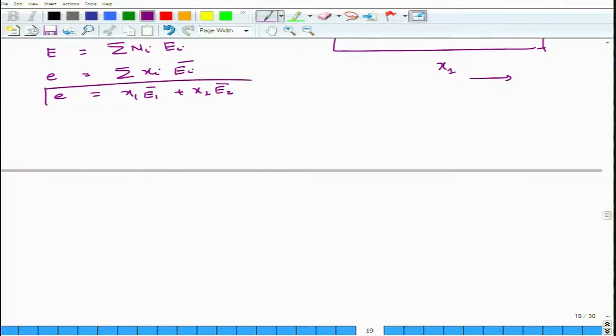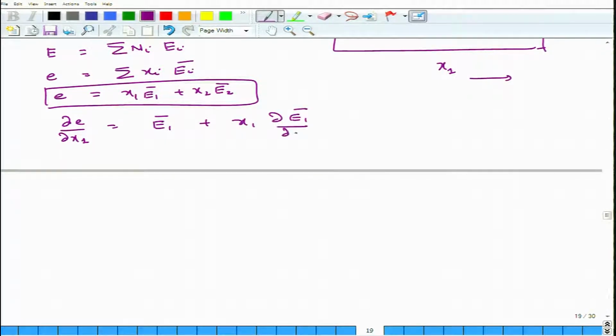So, this is for binary mixture, right. I can now take a partial derivative of E with respect to x1. Let me try to do that, E versus x1. So, I get an expression of E1 bar plus x1 del E1 bar by del x1, plus del x2 by del x1 E2 bar, plus x2 del E2 bar by del x1. Okay. So, we have this expression.